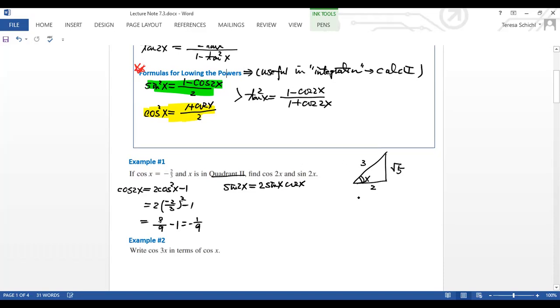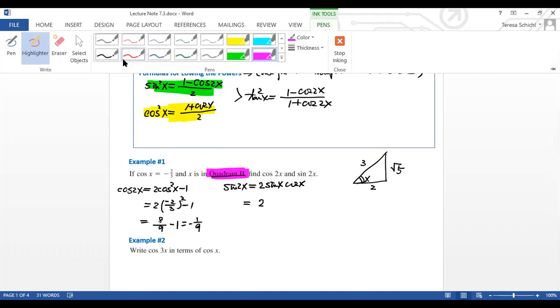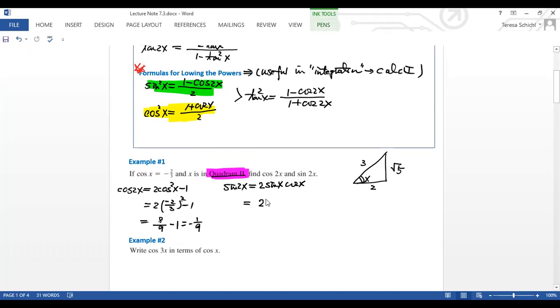This is the square root of 5. Now be careful here. The angle is in quadrant 2, so what is my sine value? Sine is positive, so that will be the square root of 5 over 3. Then the cosine is still negative 2 over 3. Multiplying it out, this will be negative 4 square root of 5 over 9.